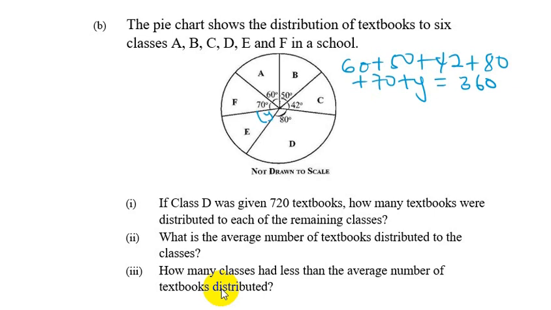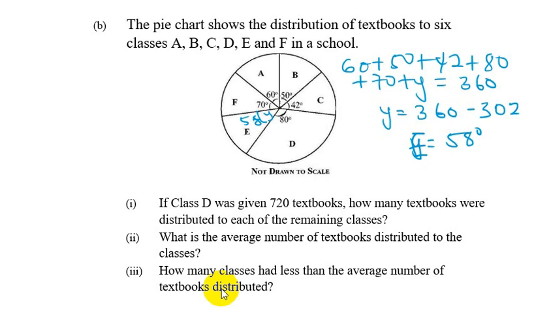So we are going to get y equals 360 minus 302. So we are getting y to be what? 58 degrees. So that is the E, this side. Now we know that this side is 58.